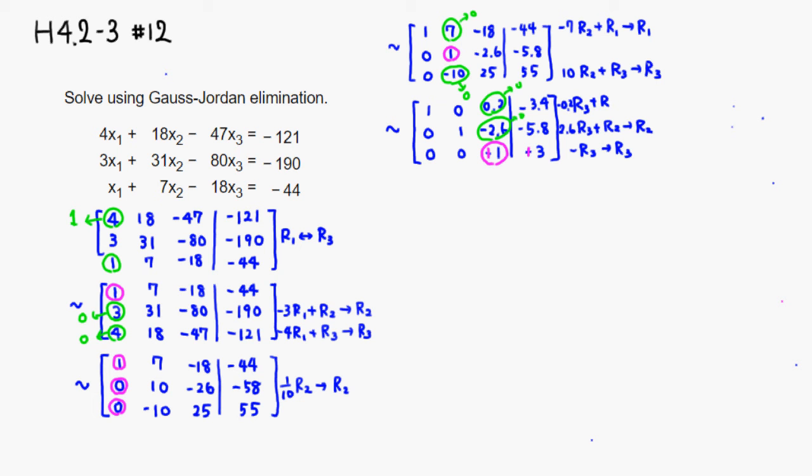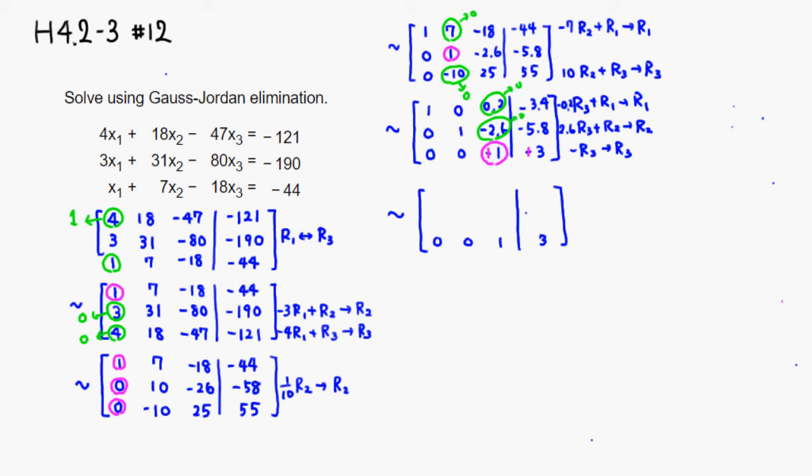Add it to row 1. That's going to be our new row 1. So there's no change in row 3. Row 3 is finished, so I'm going to just copy that. So we have 0, 0, 1, 3. Alright, so we're done with that one.